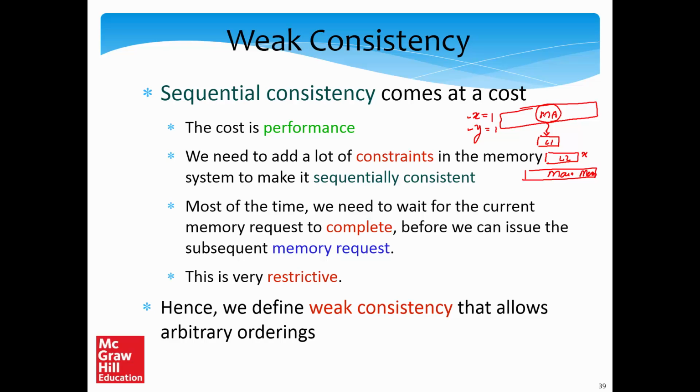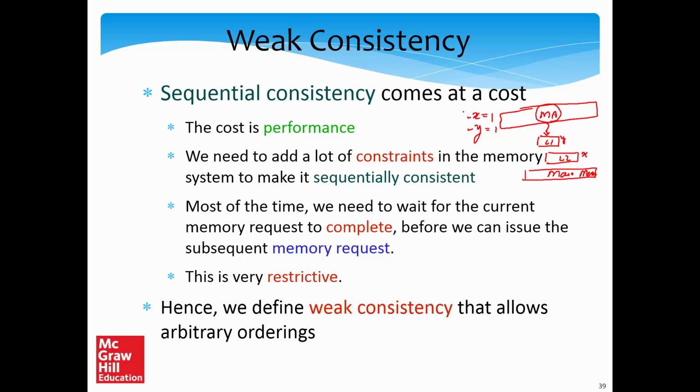So what a lot of processors would do is that they will send X to the memory system and then execute the next instruction. And the next instruction will be y equals 1, and they might find y in the L1 cache. So in that case, the write to y, in a sense, will complete sooner than the write to x. So for an outsider, he will perceive the order differently.